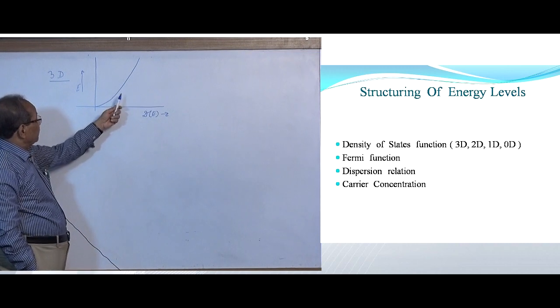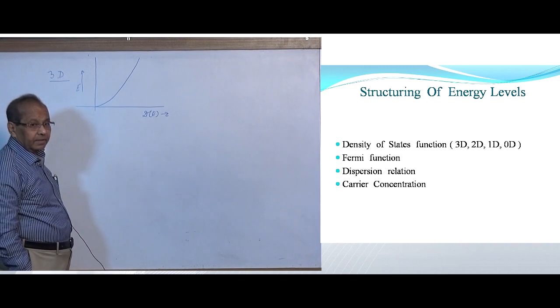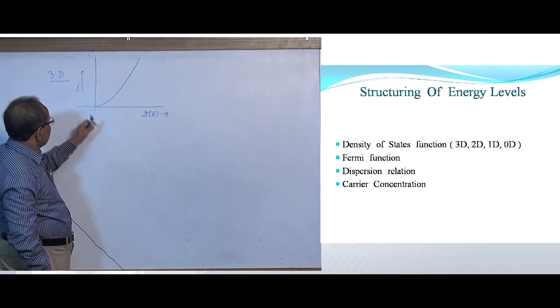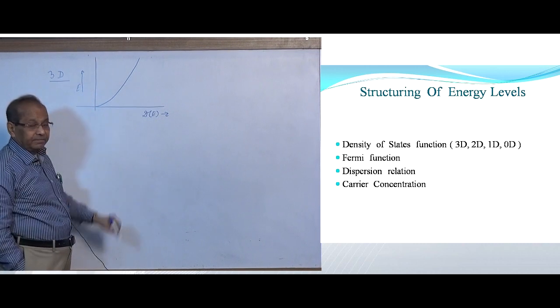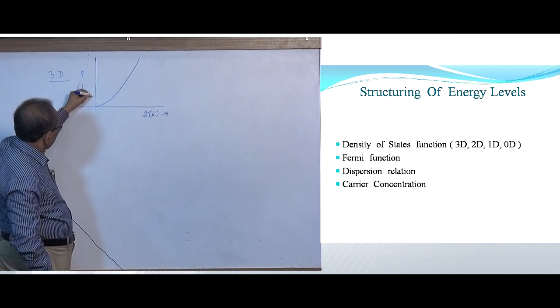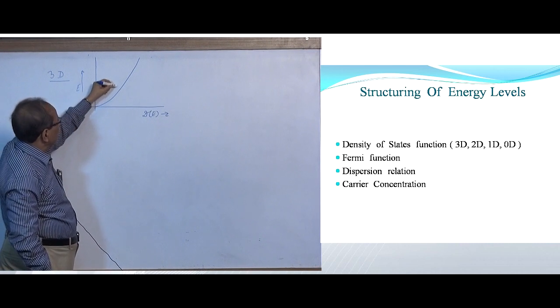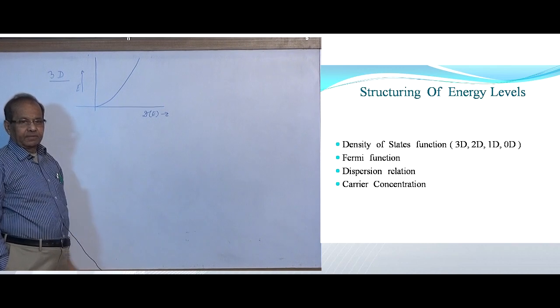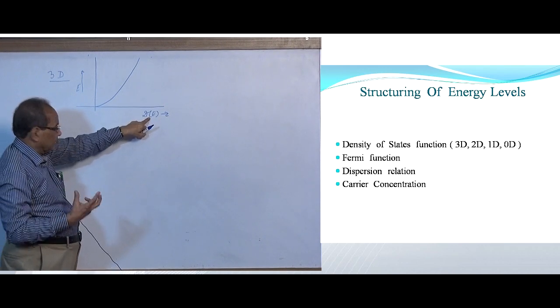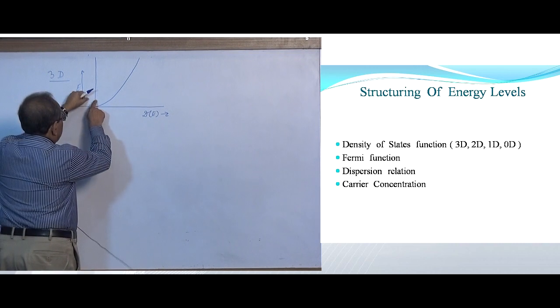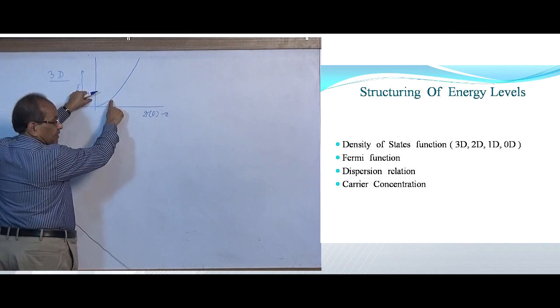what information do you get from this graph? See, for any energy starting from 0 to infinity, for all energies there is a value of density of states. You can count the states. How many states? For this energy, this is the number of states, density.